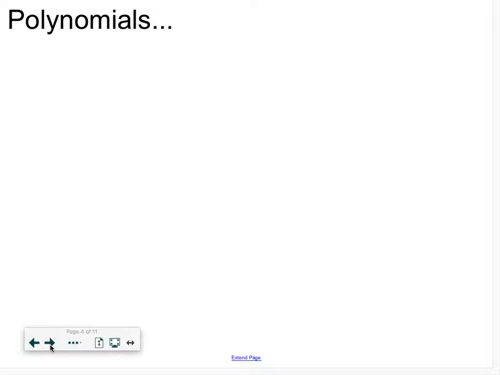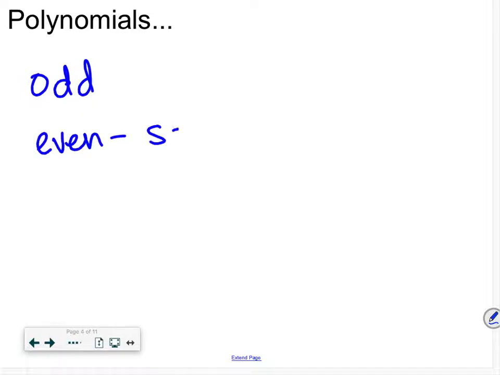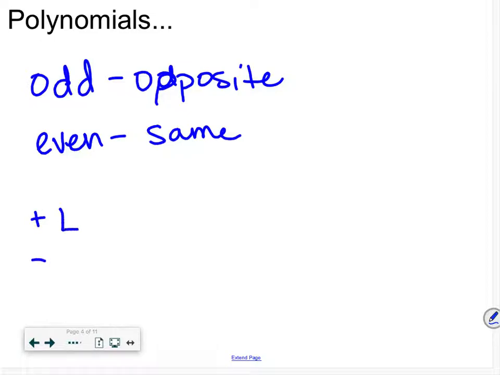Let's go ahead and write this down. So we talked about odd and even. Even is going to have the same behavior. Odd is going to have opposite behavior. If we have a positive versus negative, LC is just leading coefficient, the very first coefficient of the highest degree.